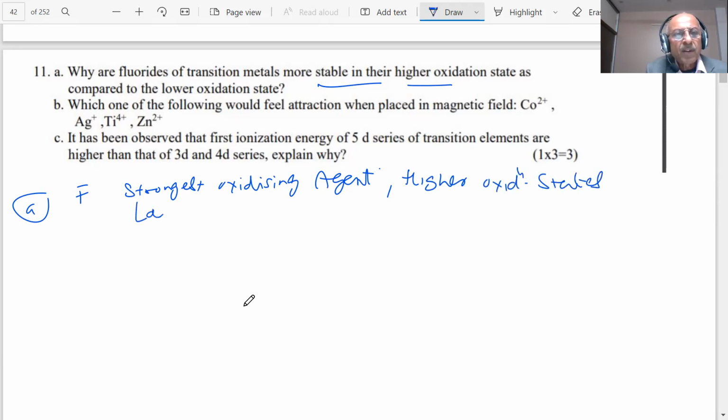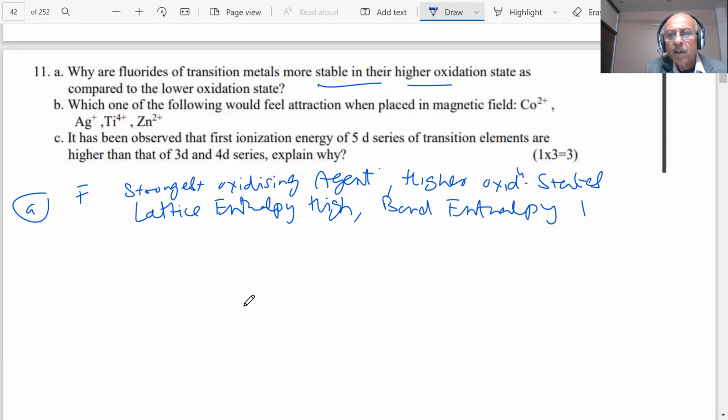The lattice enthalpy will be very high, and the bond enthalpy will also be high. If the lattice enthalpy is high, they will be very stable.